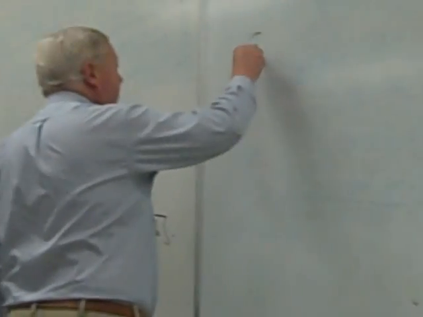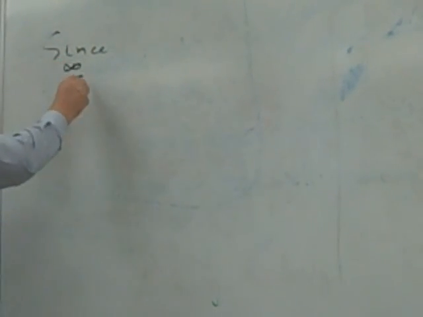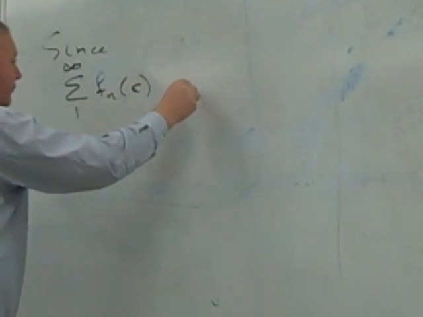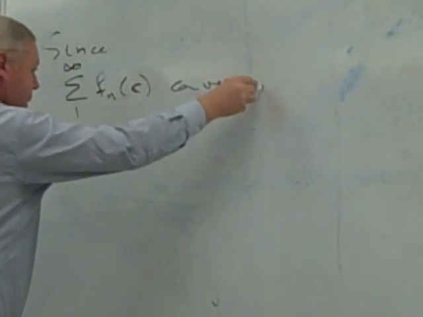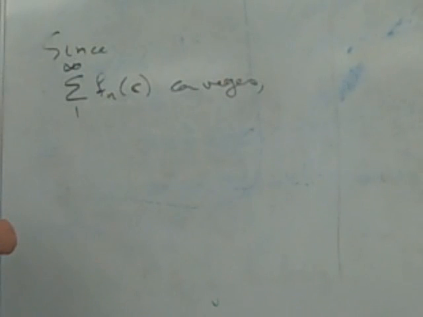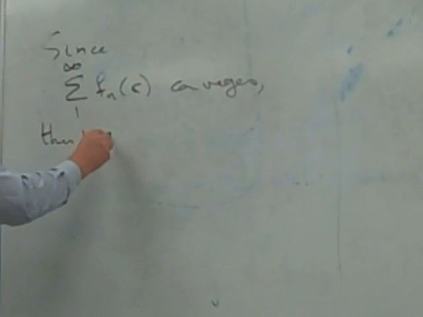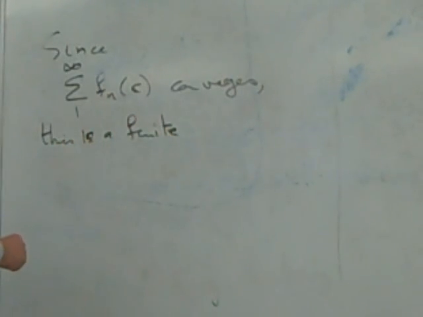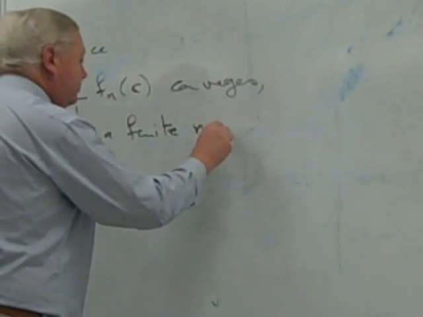Now, since the sum from 1 to infinity of fn of c converges, this is a finite number.